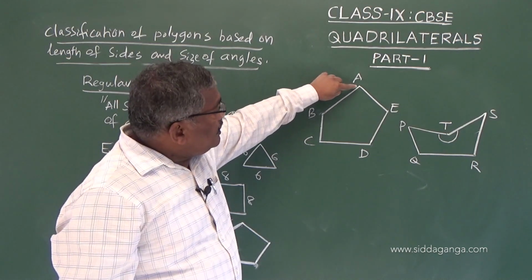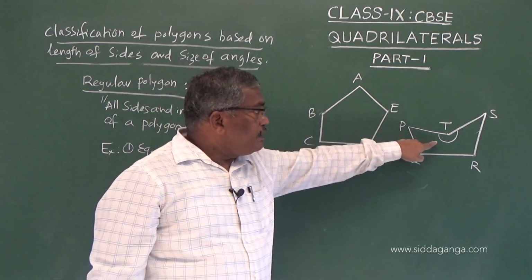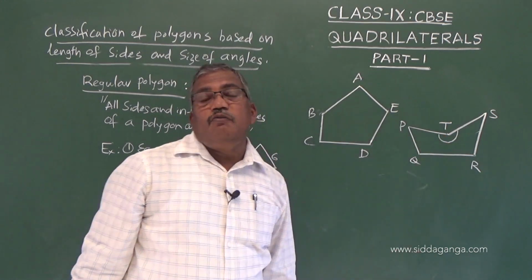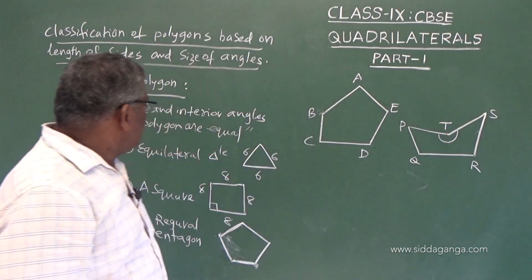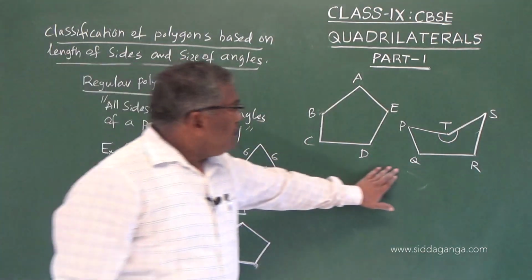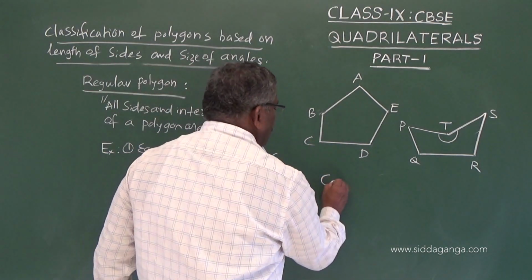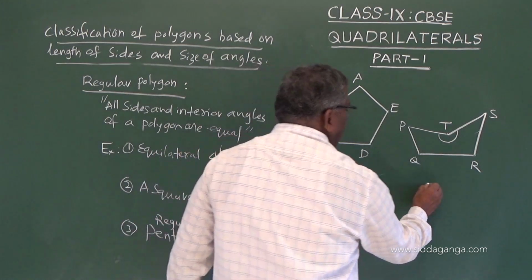If the vertex is pointing towards the inner region, and any interior angle in a figure is more than 180 degree, we call such a figure concave. So this is a convex figure, and this is concave.